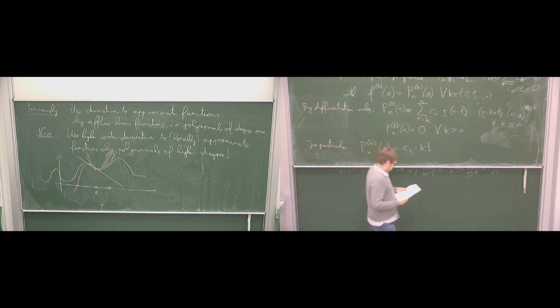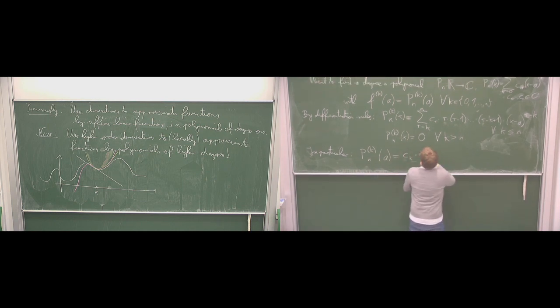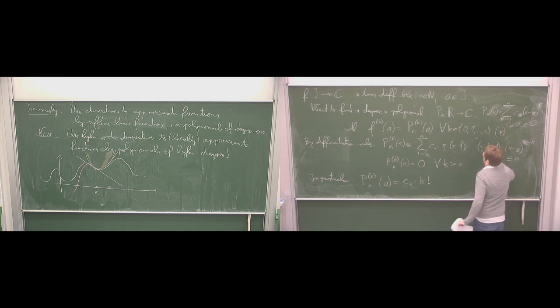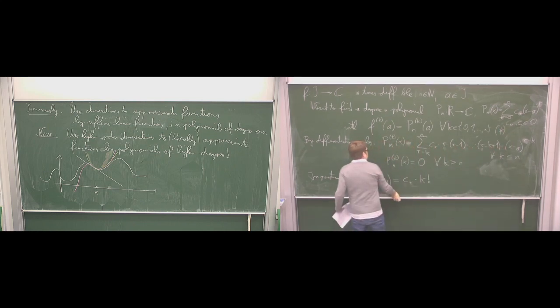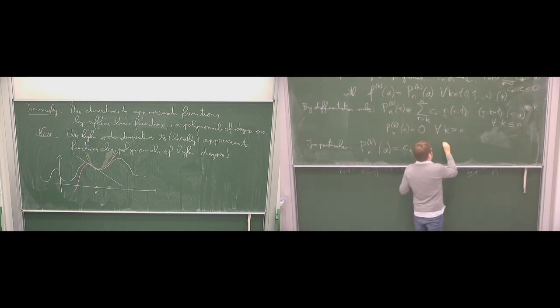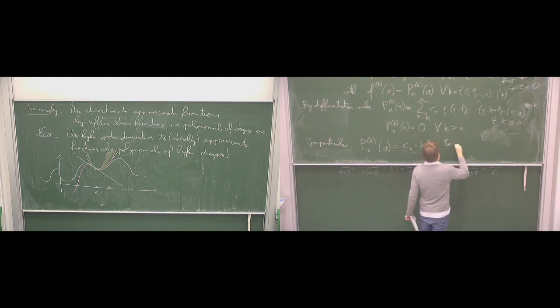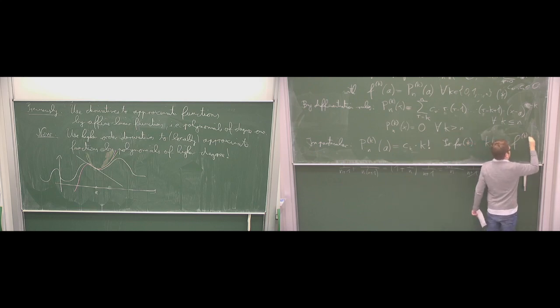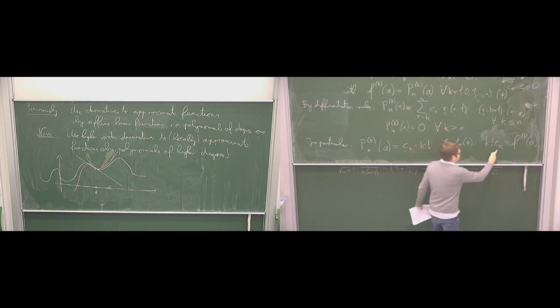So this means if we want to have this equation here, let's call this star, this equality between the derivatives, we need the following: we need that k factorial times c_k, this derivative of Pn, is the same as the kth derivative of f at a. But this gives us an equation for the c_k.